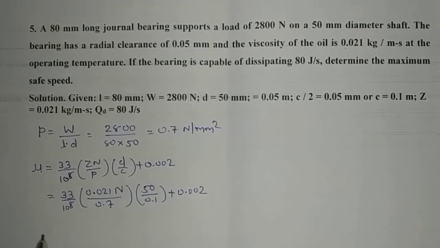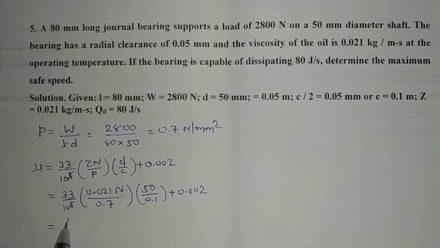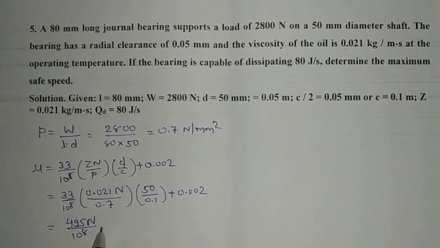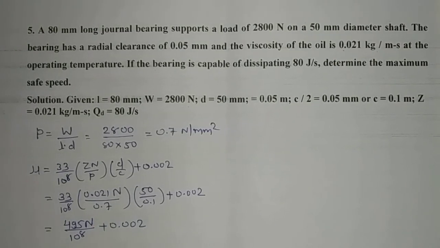So coefficient of friction mu is equal to 495 N divided by 10 raised to 8 plus 0.002.